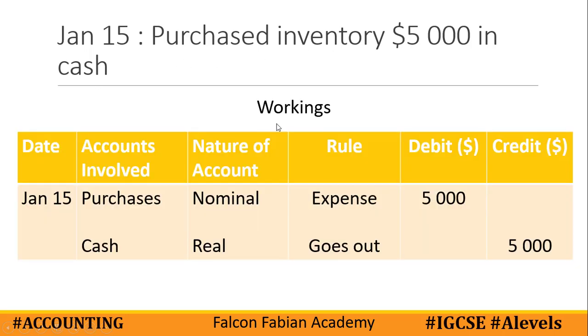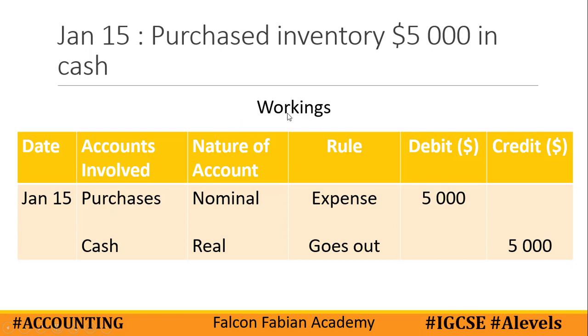If you have watched the earlier video of this series, you would be familiar with this table. And if you are new, I will explain it to you. This table is in line with the steps that I had shown you earlier in this video. Here you have date, then accounts involved, then nature of account, then what is the rule being followed, then a column to write the debit amount and a column to write the credit amount.